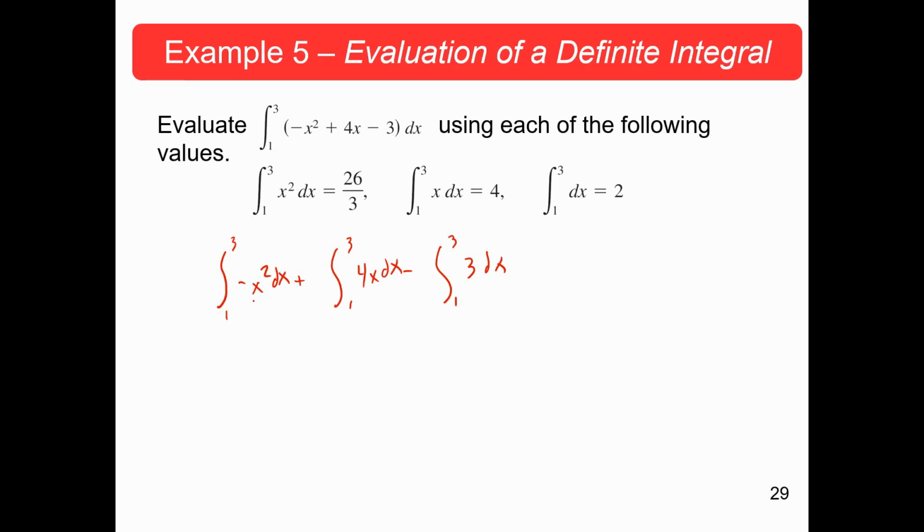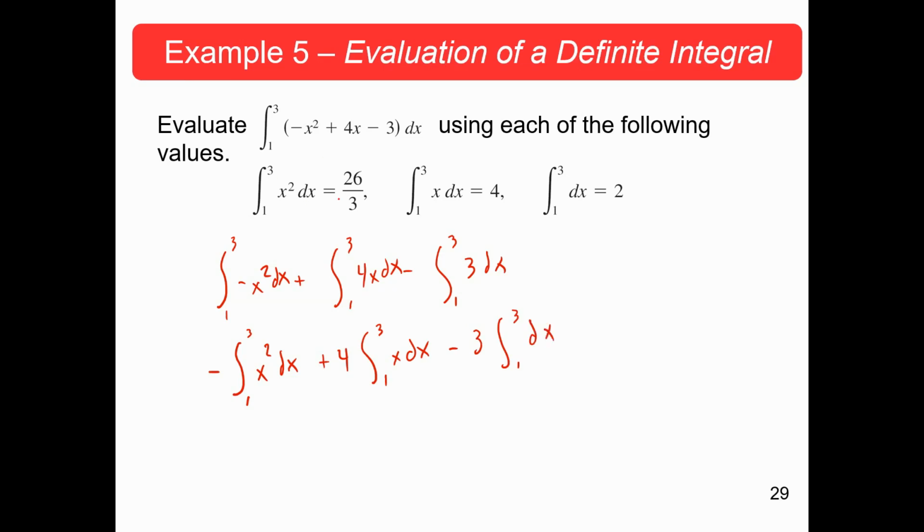Now, we know that we can pull that minus sign out front, so we get the integral from 1 to 3 of x squared dx. Here we can pull the 4 out, from 1 to 3 of x dx, minus, here we can pull the 3 out, from 1 to 3 of just dx.